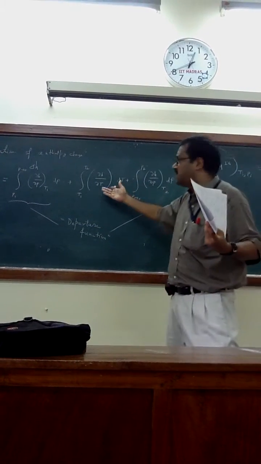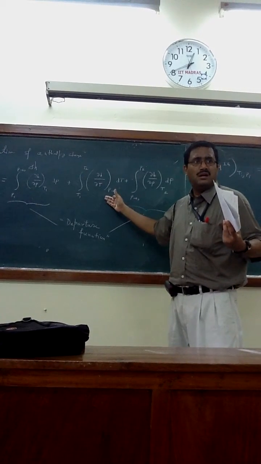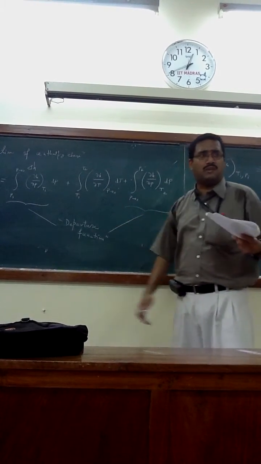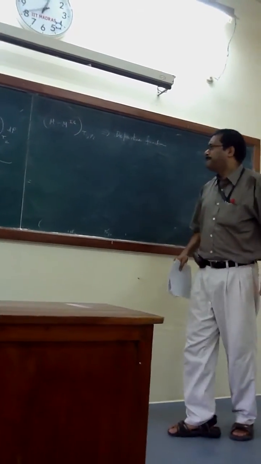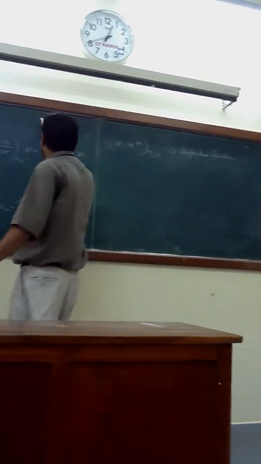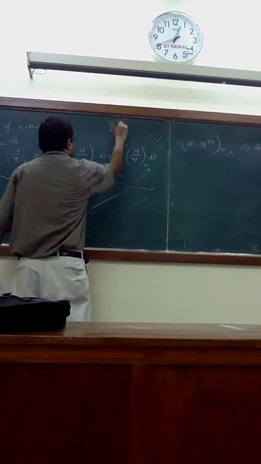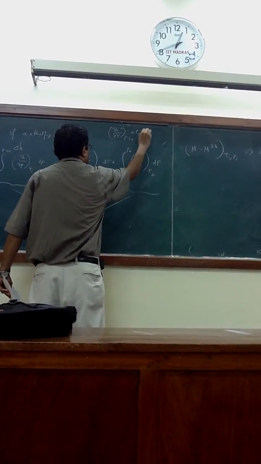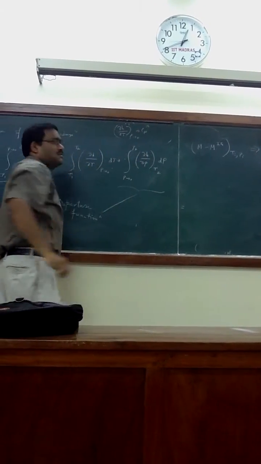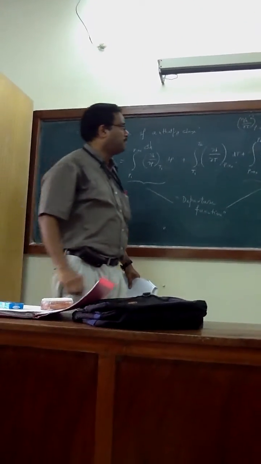This P tending to 0 means Cp ig I can write. Otherwise you cannot write. Okay. Because we know that dou H by dou T at constant P is Cp, but at P tending to 0, it will be Cp ig.